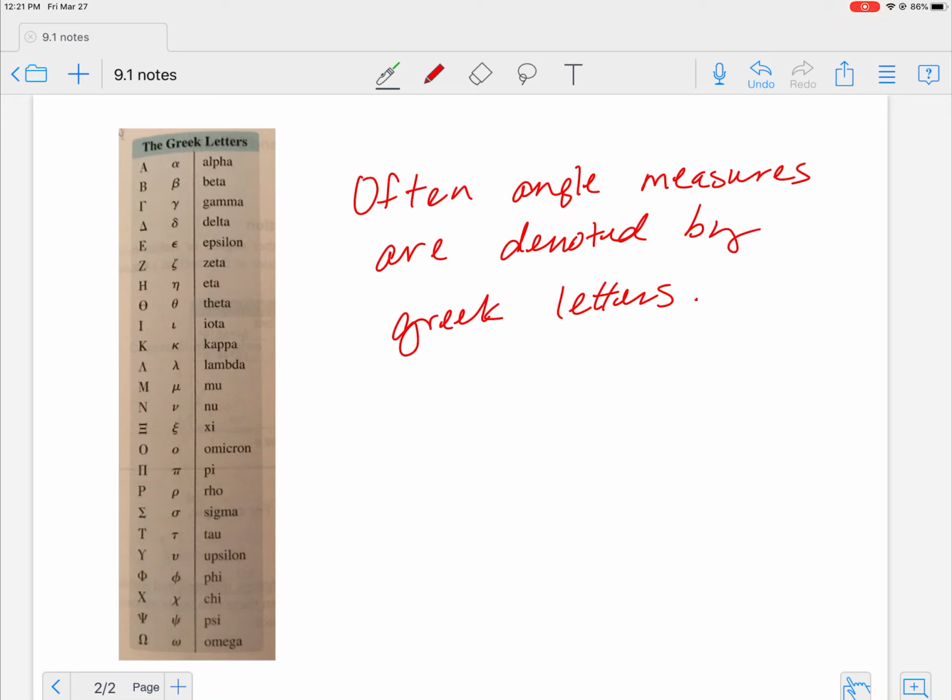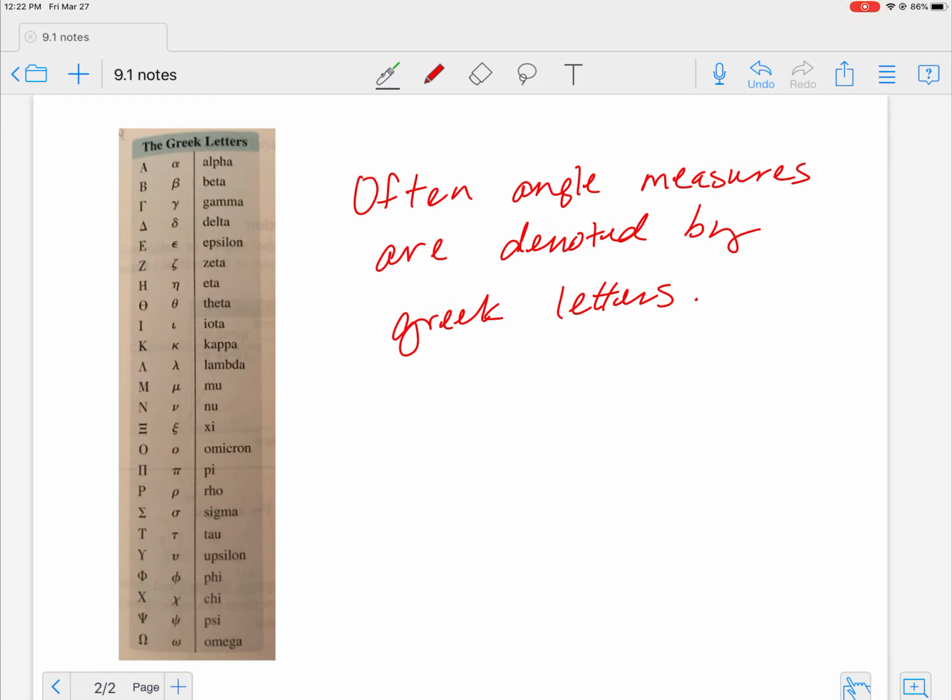Alpha and beta are used pretty often too. In statistics, sigma is used quite a bit because it stands for standard deviation. Mu stands for the mean. I mean, Greek letters are used often, right?